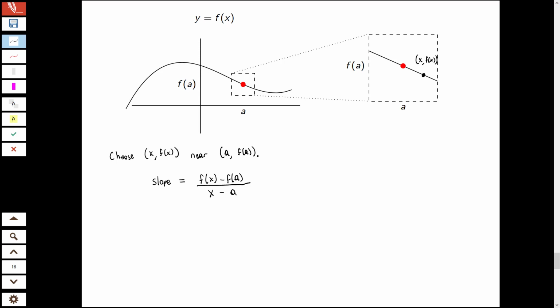I suppose to be more precise, I should put quotes around the word slope, because this isn't the slope of anything just yet. Remember, this is still a curve, not a straight line segment. However, as we zoom in more and more, the curve becomes more straight, and the idea is that this quote-unquote slope will approach the slope of the curve at the particular point a, f of a.